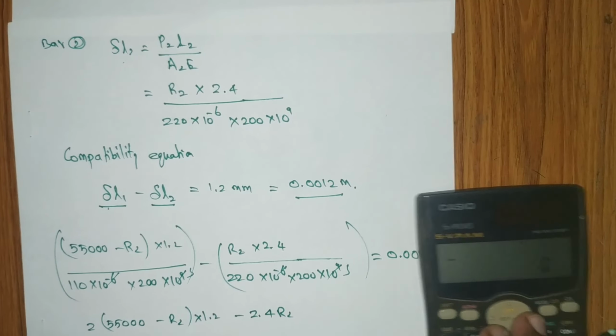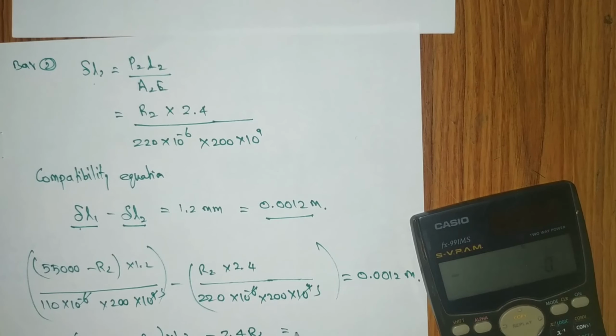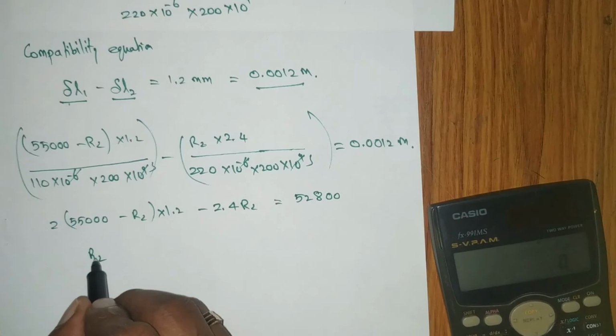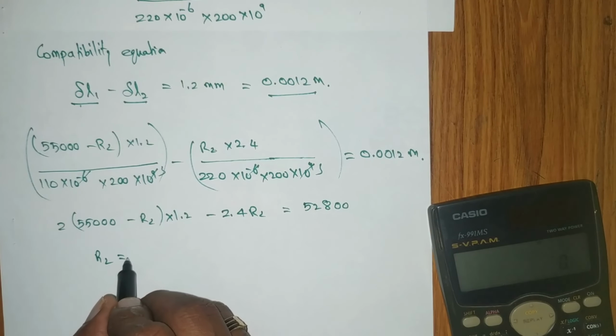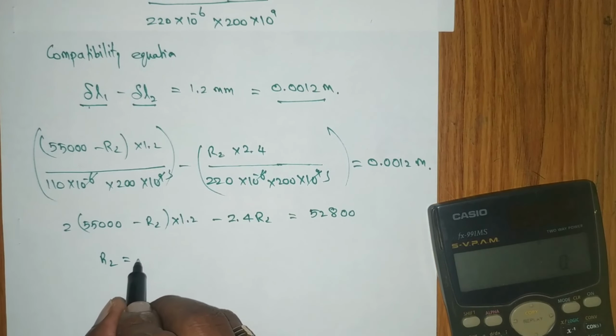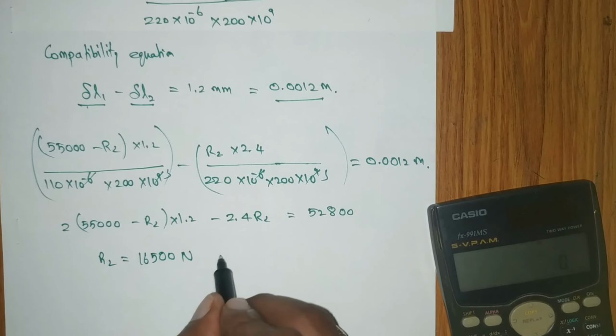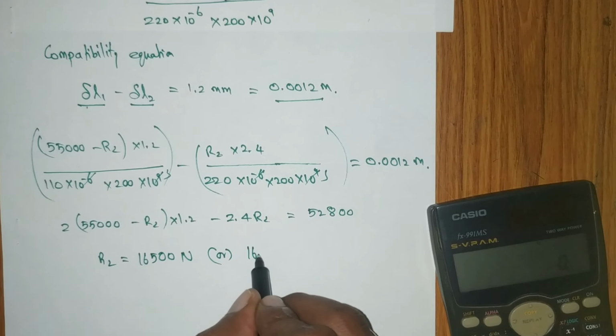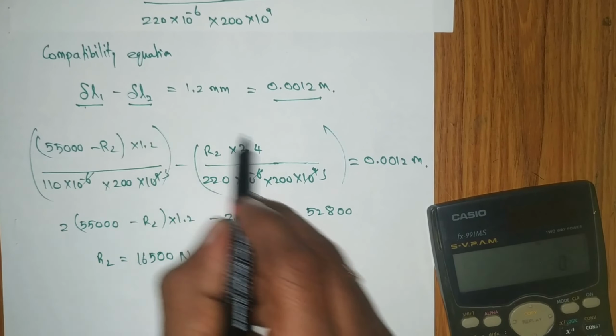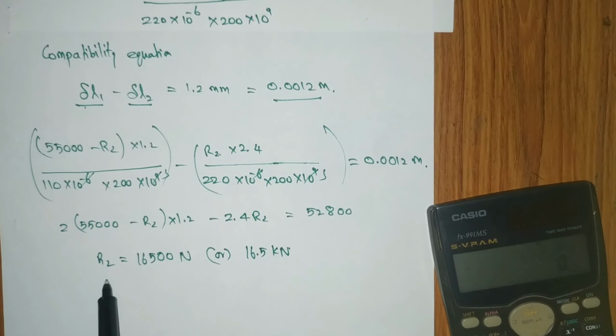This we will take this test on that side and you will get 52800. You solve this, and if you solve R2 you will get R2 equal to 16500 Newton, or else we can call this as 16.5 kilonewton. You do the mathematics here and you find out the R2.